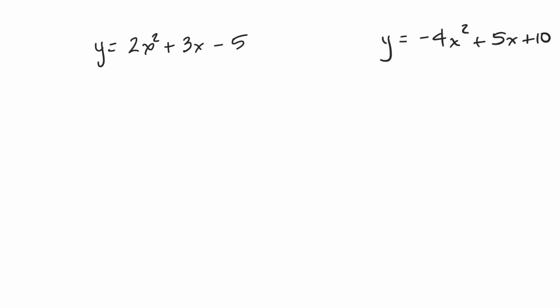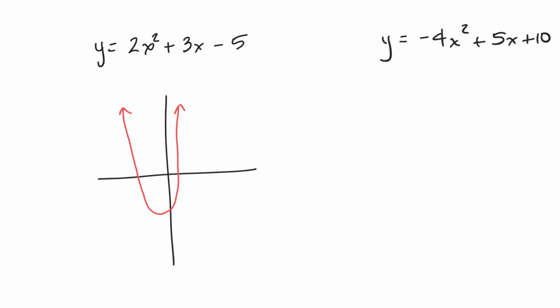Okay, a couple of things. This will be real quick. If we were to graph this equation, the shape of this would look something like this. So that's kind of the shape of this one.